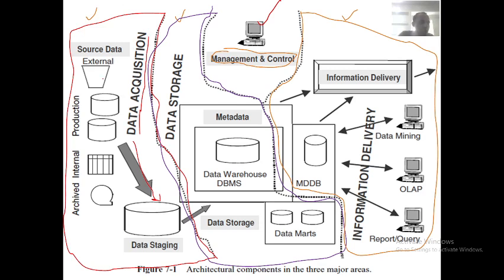These are all the sources: external sources, production sources, internal storage, and archived data. All these, along with the data staging, come under data acquisition. Together, we'll call it data acquisition. Then which components come under data storage?